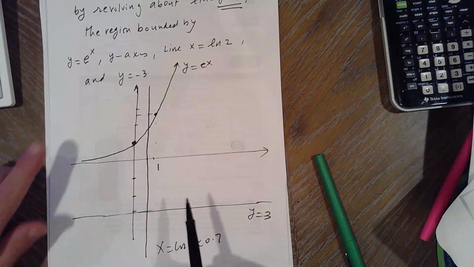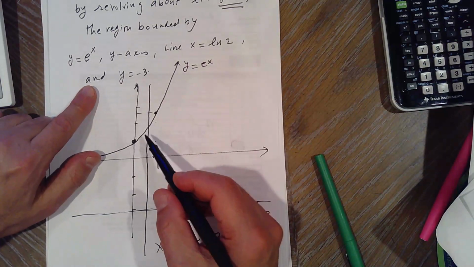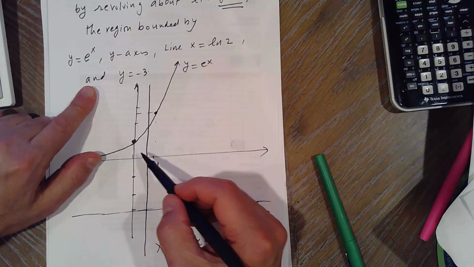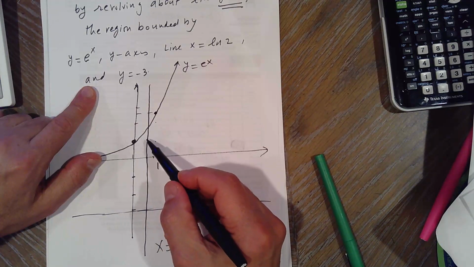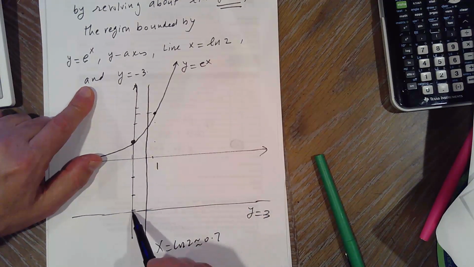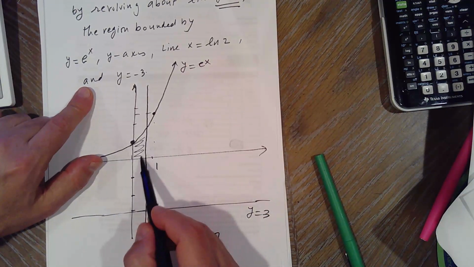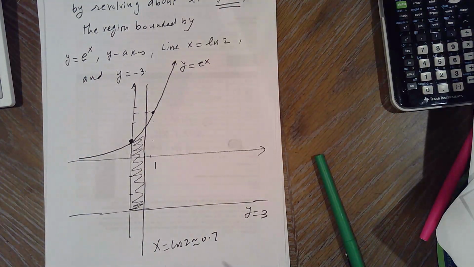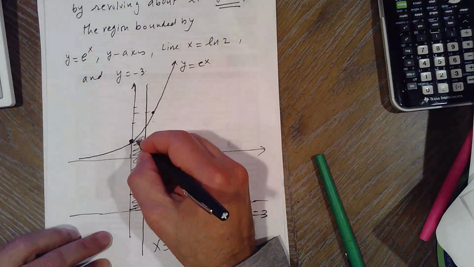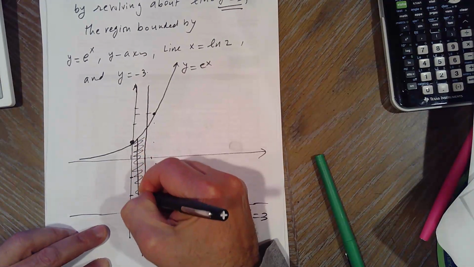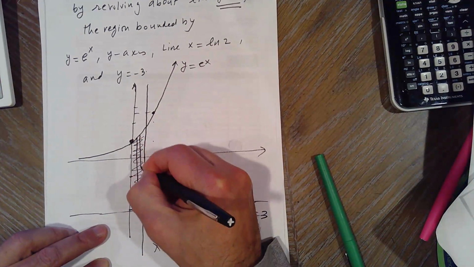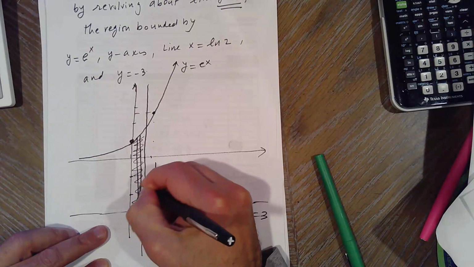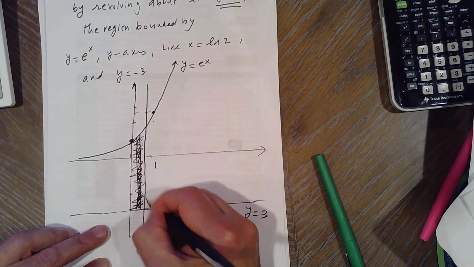So we want the region bounded by e to the x, the y-axis, x equals ln of 2, and y equals -3. So all this region, and we want to revolve it along the line y equals -3, so we do a cross section that's going to be the radius that we have to find, because we're going this way.